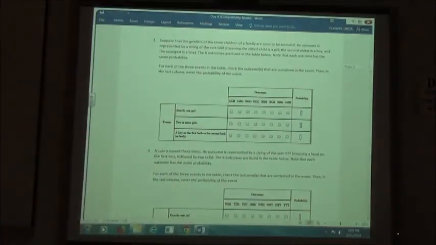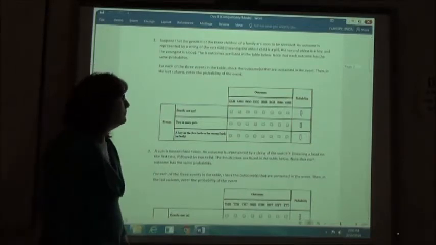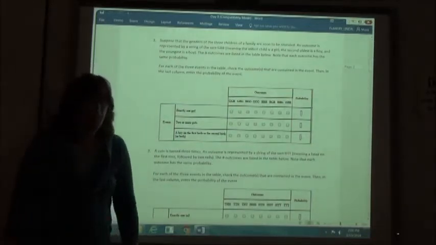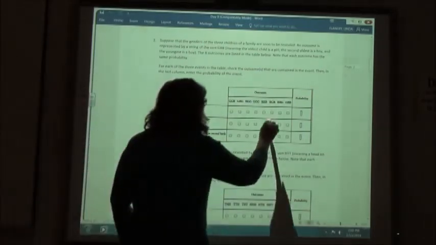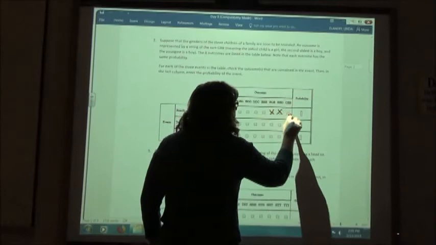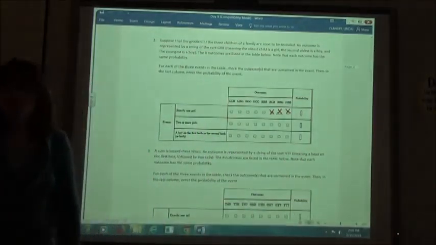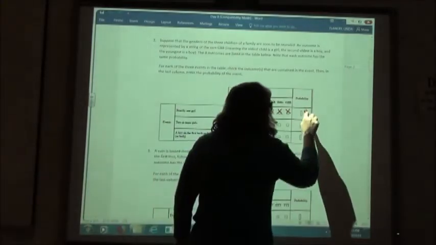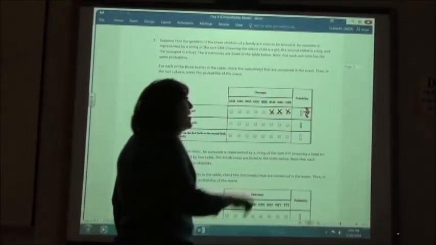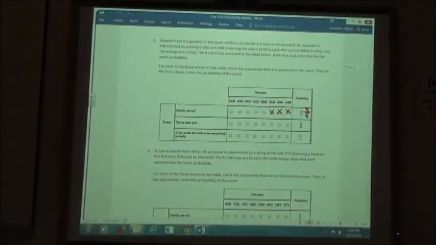So the first one wants to know exactly 1 girl. The last 3: that one has 1 girl, that one has 1 girl, that one has 1 girl. So the probability would be 3/8. Can't simplify that, so 3/8 is my probability.